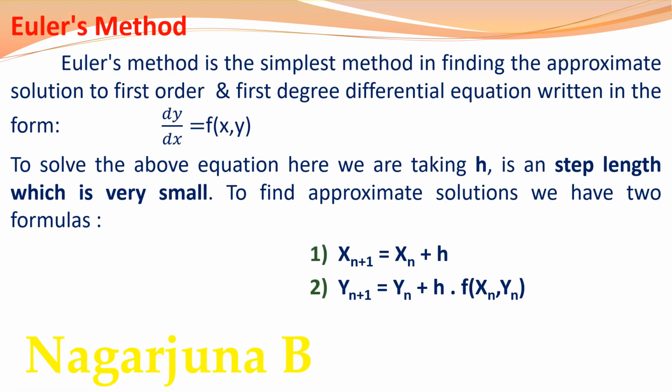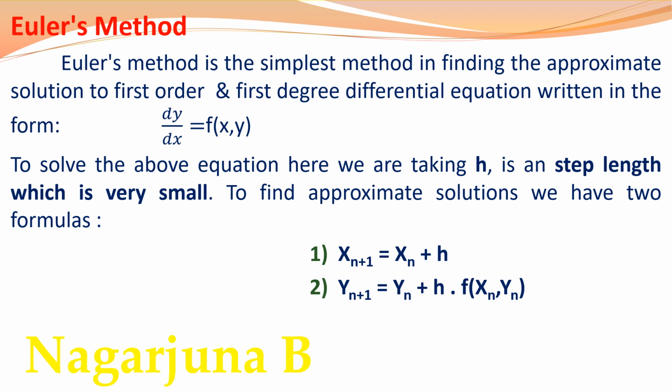Euler's method is the simplest method in finding the approximate solution to a first order first degree differential equation written in the form dy by dx is equal to f of x comma y. To solve the above equation, here we will be taking h, which is very small and it is called the step length.